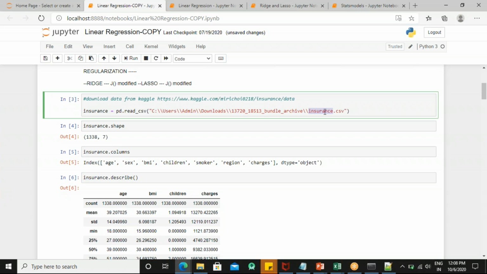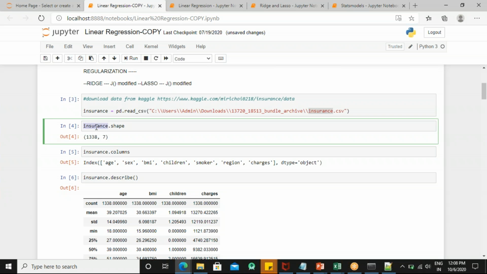The data I have here is the insurance data, based on a person's age, his BMI, and certain other details. I am calculating the insurance premium that he needs to pay. Plus there are other fields like gender, whether he's a smoker or not, and which area they live in. All those fields are here.